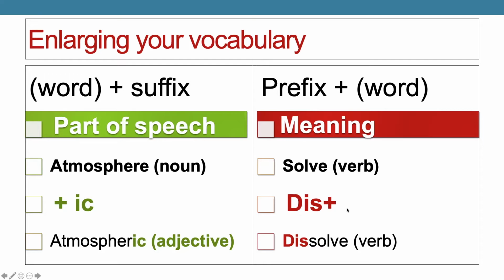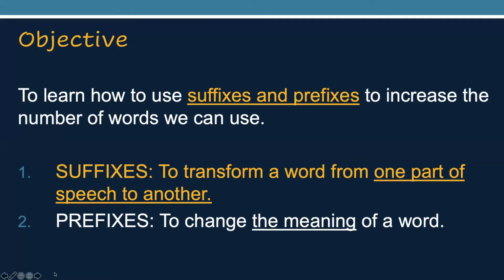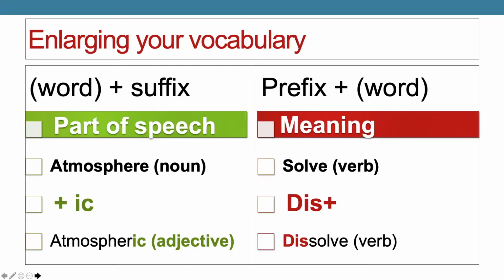Yes, it has a different meaning. So you go from solve to dissolve. So prefixes help you to change the meaning, and suffixes help you to change the part of the speech, to get from a noun an adjective, or to transform a verb into a noun, as we are going to have some different examples.